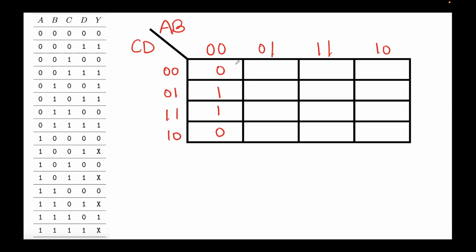Then 0, 1, 0, 0 is 1 and 0, 1, 0, 1 is 1 again, and then 0, 1, 1, 1 is 1, 0, 1, 1, 0 is 0, 0, 1, 1, 0, 0 is this one. Now 1, 0, 0, 0 is 0, 1, 0, 0, 1 is X, 1, 0, 1, 1 is X, 1, 0, 1, 0 is 0, 1, 1, 0, 0 is 0, then 1, 1, 1, 1 is X, 1, 1, 1, 0 is this cell, which is 1.